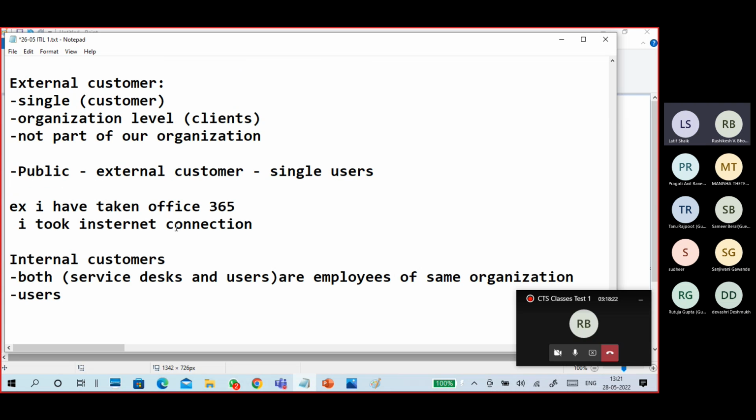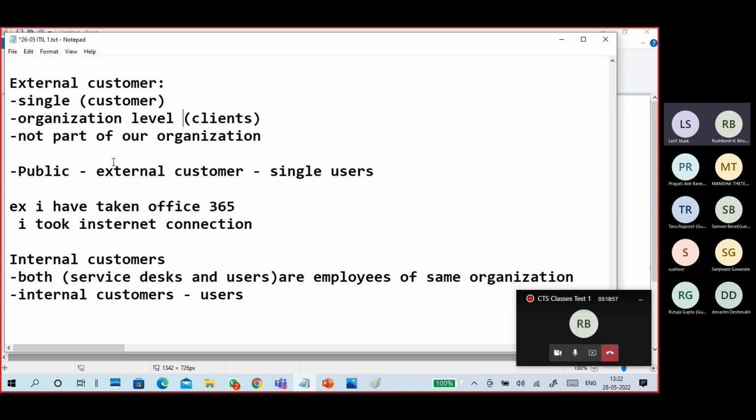Okay, internal customer, external customer, two types of customers. Internal customers means both service desk and users are employees of the same organization. External customers are either a single user or organizational level users.